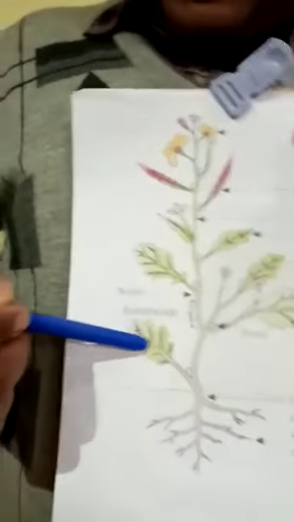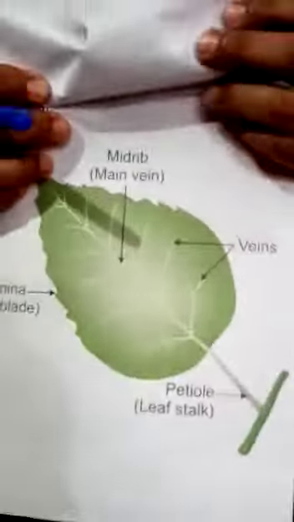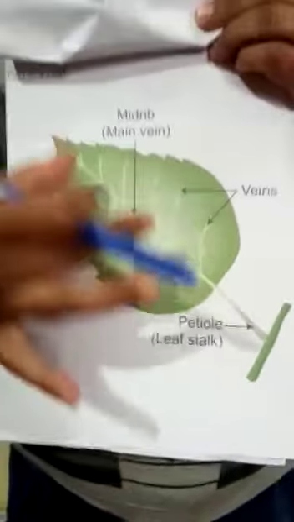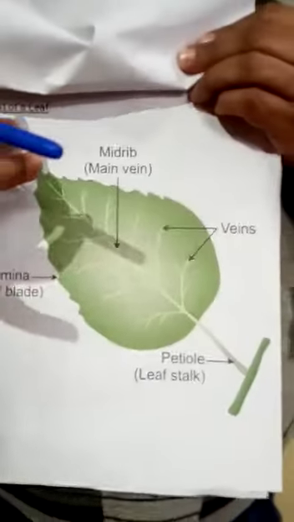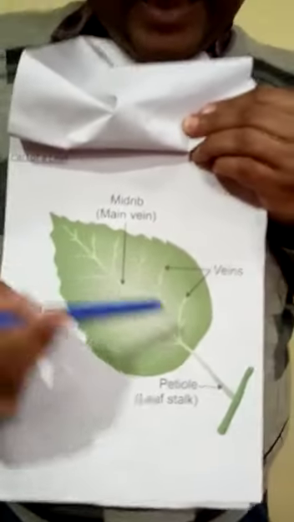The leaf is called the factory of the plant. If we look at this leaf, it is flat, a lateral outgrowth of the plant.